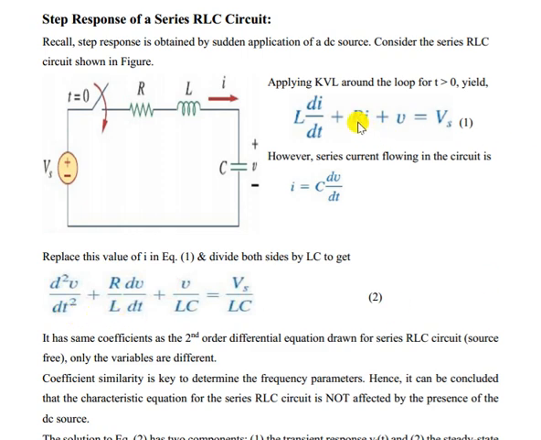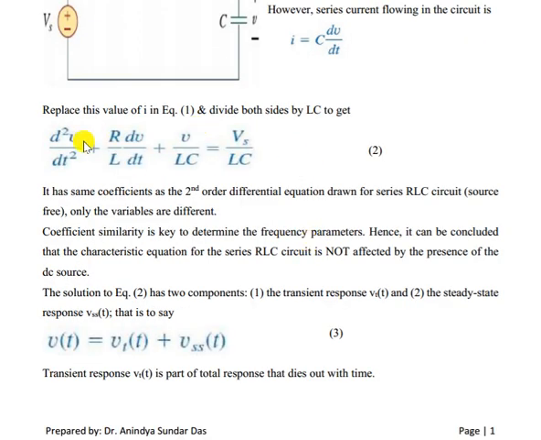Here it will be R C dV/dt. If we put I equal to C dV/dt and divide by LC, then C will cancel out. We are left with R by L dV/dt. And here there is no I, so V by LC, and on the right Vs by LC. So this is the equation that we got.